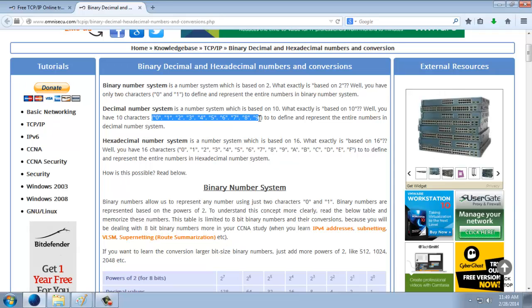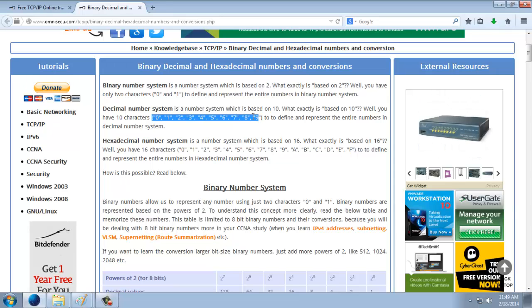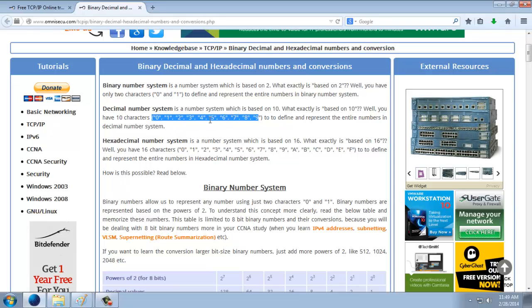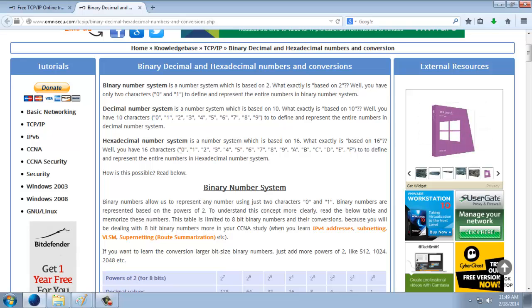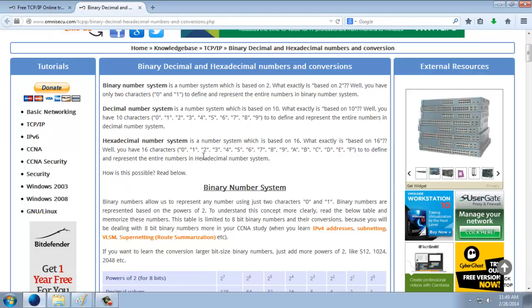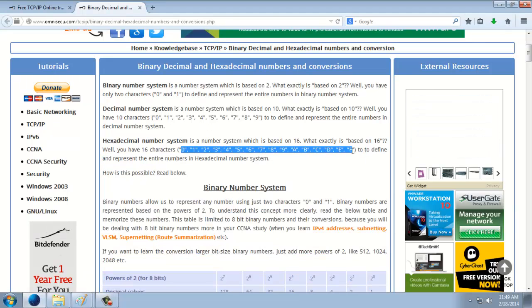In the hexadecimal number system, we have 16 characters, and we can represent the entire number system using these 16 characters. Everything is the same but represented in different ways. That's it. Now we will start with the decimal number system.